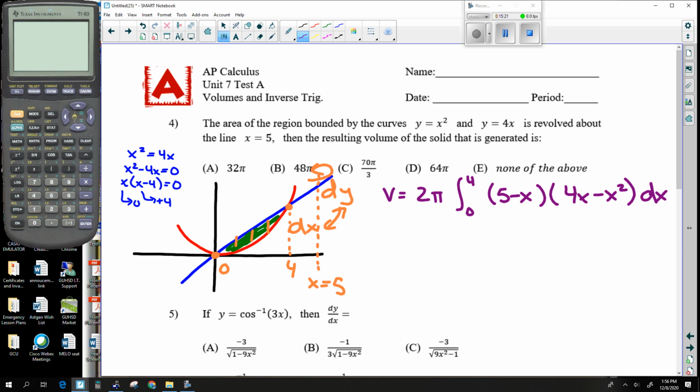All right. Let's do some math here. I'll go with 5. So this is 20x minus 5x squared. And then the x, which is going to be negative 4x squared plus x to the third. So this is going to be x to the third minus 9x squared plus 20x.